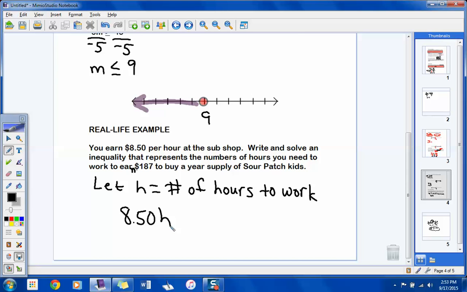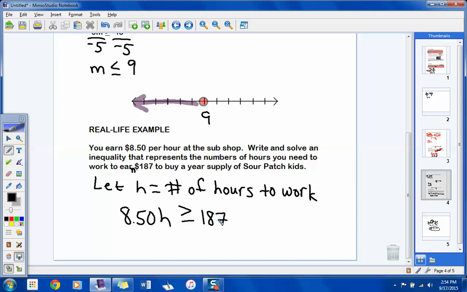So we want this expression to be related to 187. If I want to be able to buy that, do I want this expression to be more than 187? Less than 187? More than or equal to 187? Less than or equal to 187? Greater than or equal to 187. Okay?